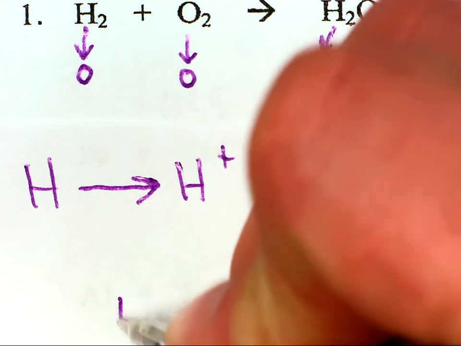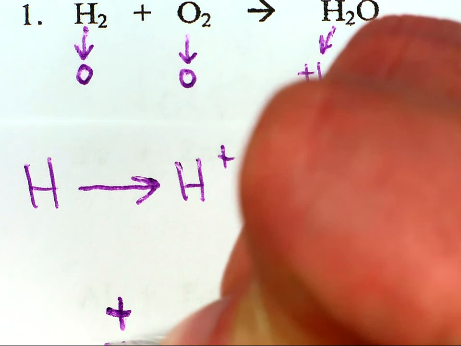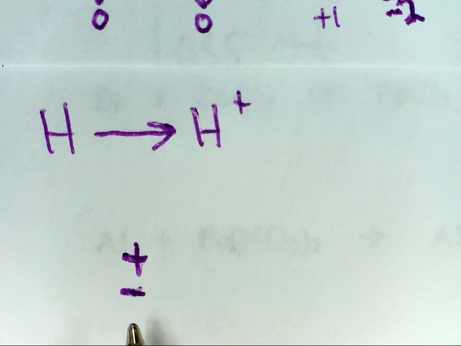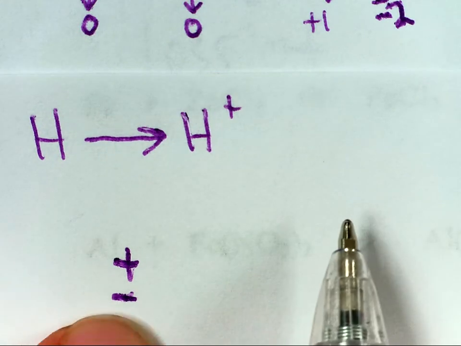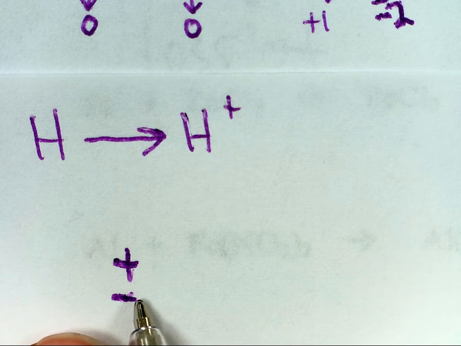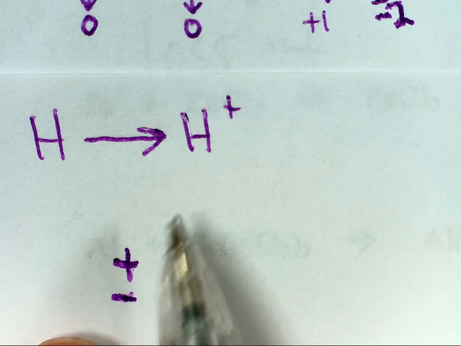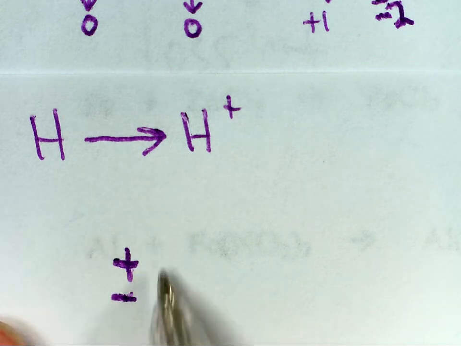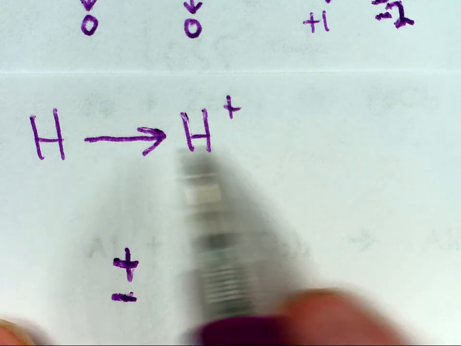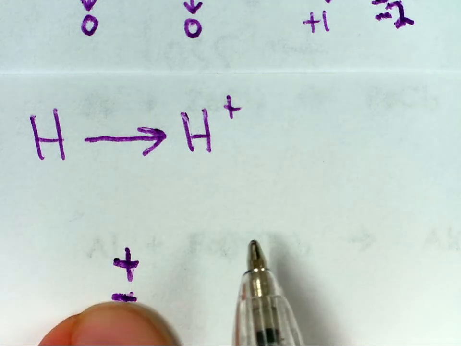A hydrogen atom starts out as a proton and an electron, sorry, I said proton and neutron. How do you get from being neutral, where the proton and electron are balanced, to being H+? Well, you have to lose an electron, right?